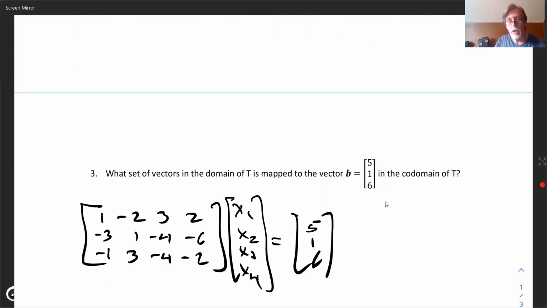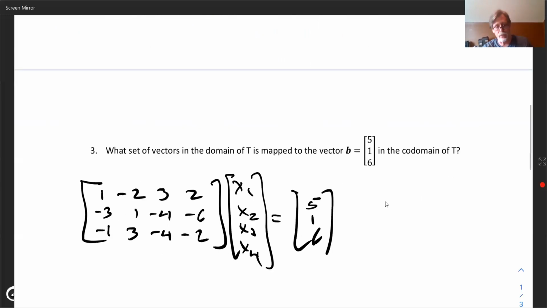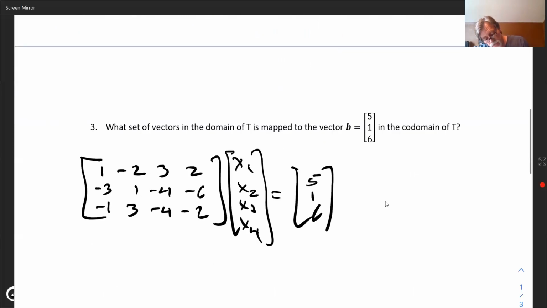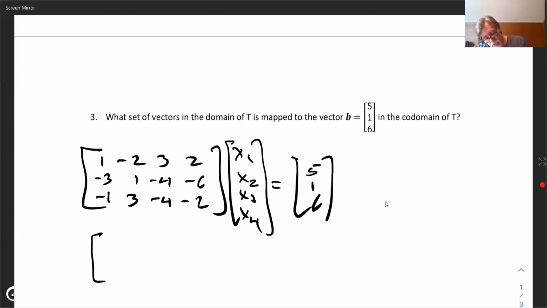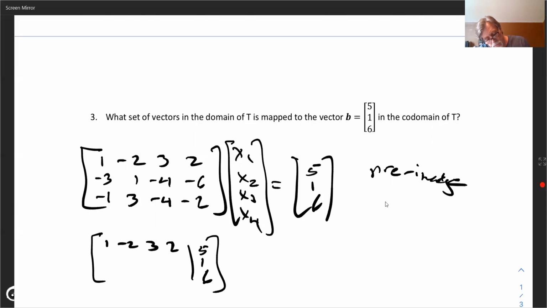Okay, so to solve this, that's what you do, is you solve the thing. So I would quickly run this through an augmented matrix. And what we're really looking for is the pre-image. Okay, so 1, -2, 3 and 2, and -3 and 1, and -4 and -6, and -1, 3, -4.